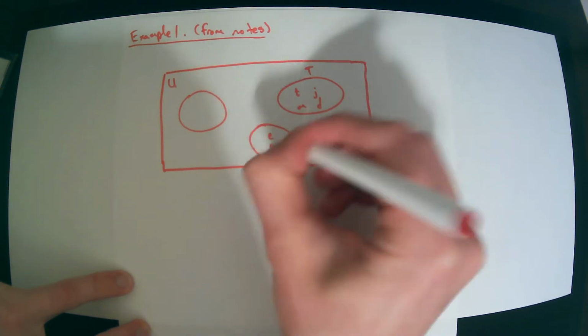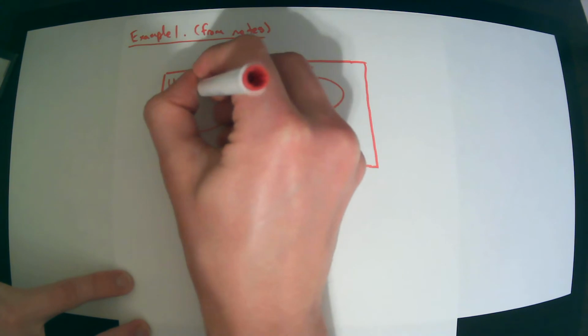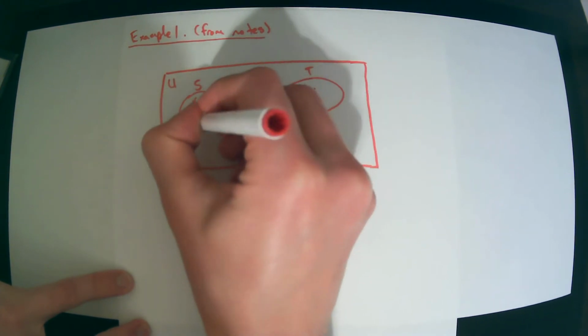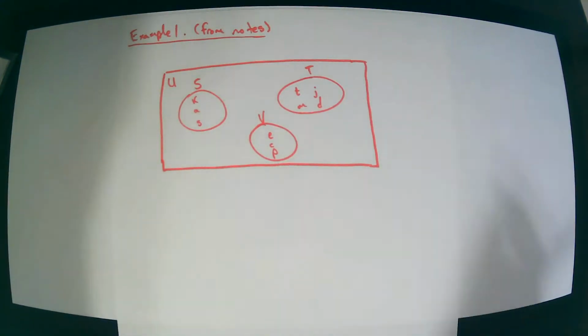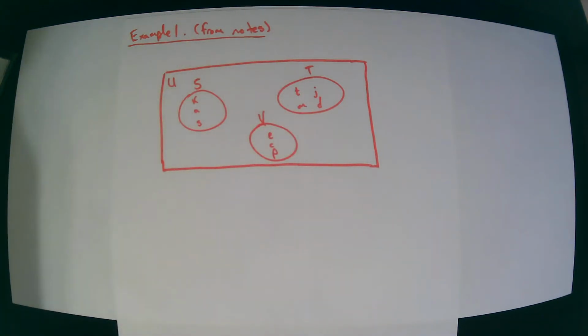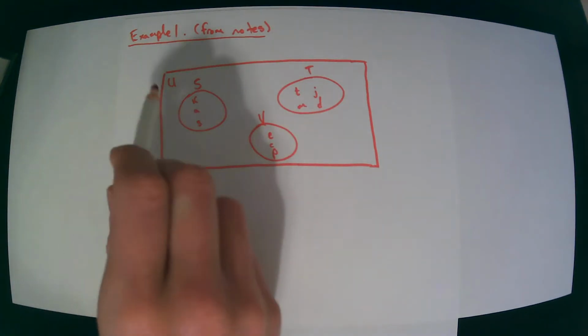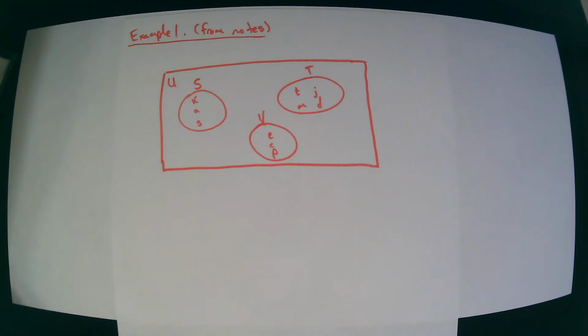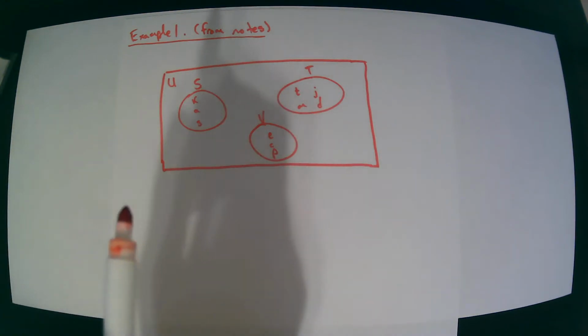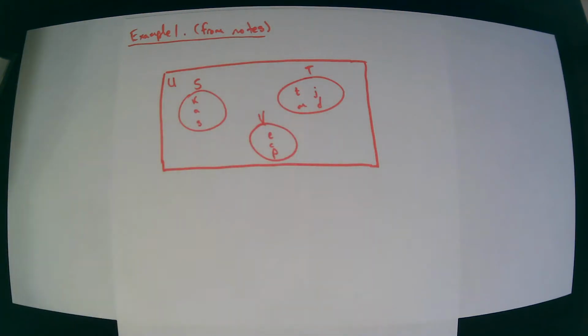V is {C, P}, and S is {K, A, S}. So these are all letters in the English alphabet. U is the universal set. It is the entire English alphabet, and each of these are distinct, meaning they don't share any letters.